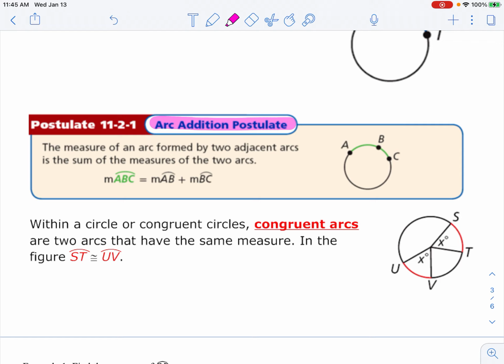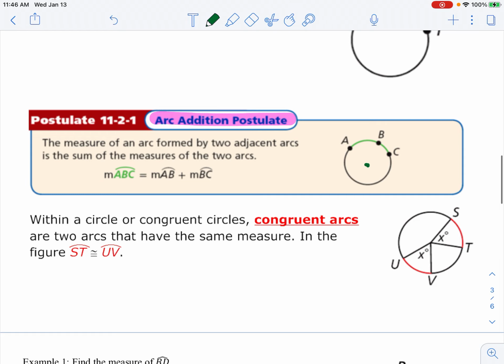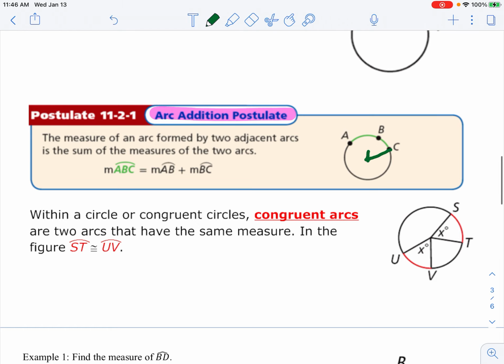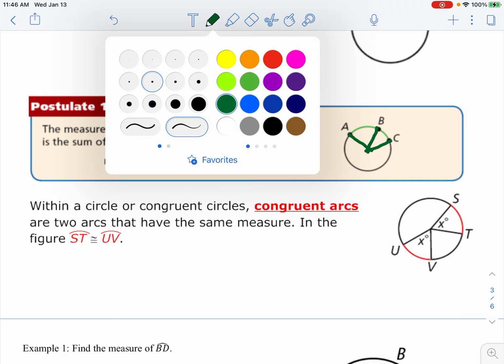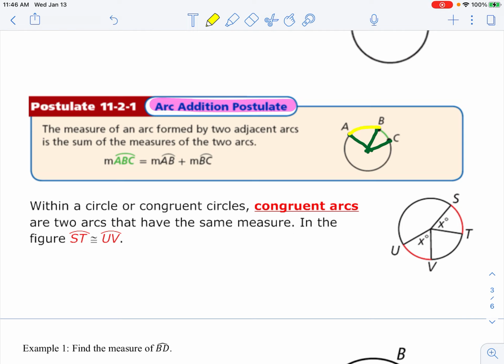Arc addition says that if I have to find a whole arc, and let's say we had this picture where it connected our radii to those points, and they asked us to find arc AC, so we want to find from A to C. Notice that we would take this first arc, the orange piece, plus the yellow piece, and that would tell us the whole entire thing.